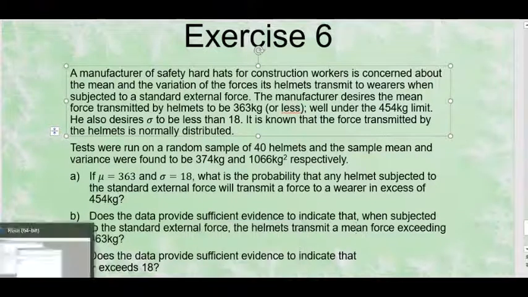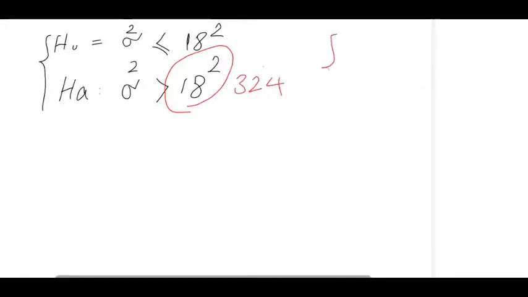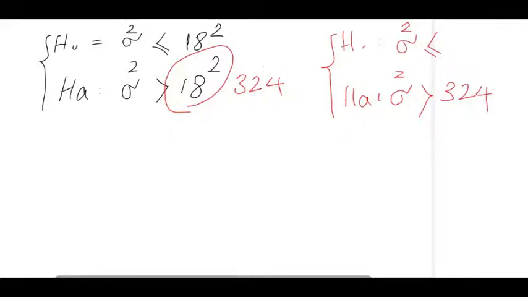Sigma greater than 18 means sigma squared is greater than 18 squared, and H0 is sigma squared less than or equal to 18 squared. 18 squared is 324, so we can write HA as sigma squared greater than 324, and H0 as sigma squared equal to or less than 324.